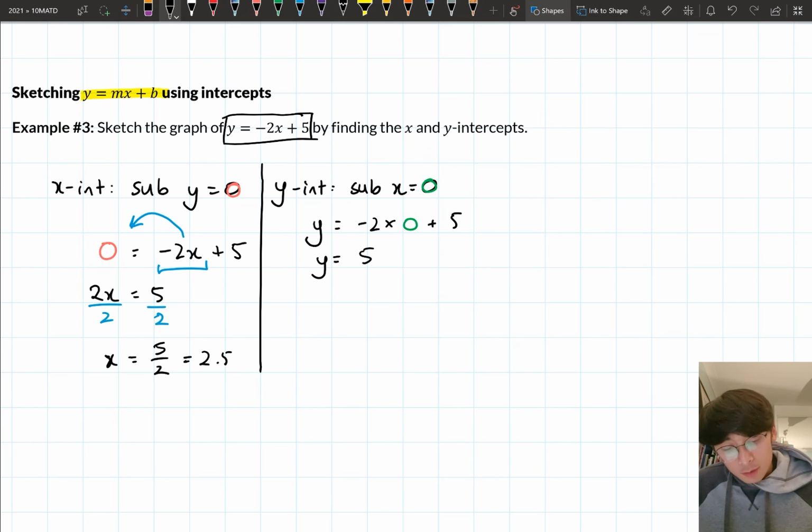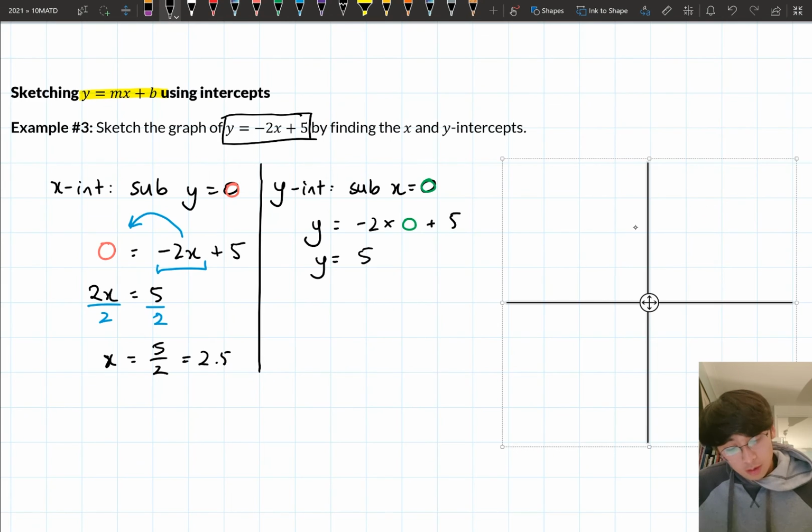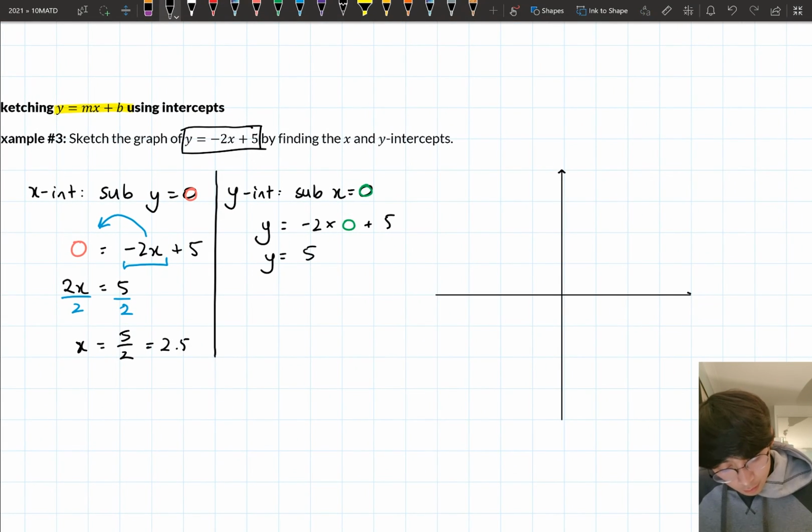So now all I need to do is put this on a Cartesian plane. I'm just going to draw up my Cartesian plane, my y and x. I have an x-intercept at 2.5, so that's roughly somewhere along here, and I've got a y-intercept of 5.